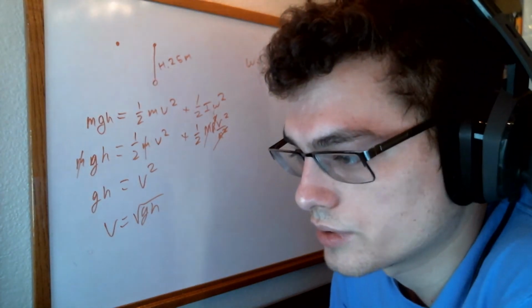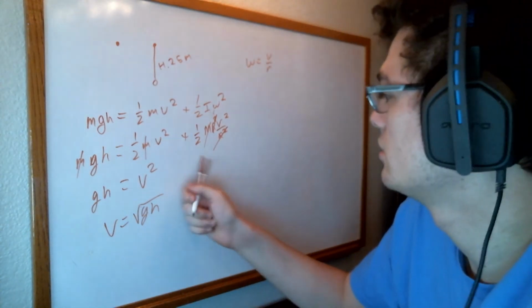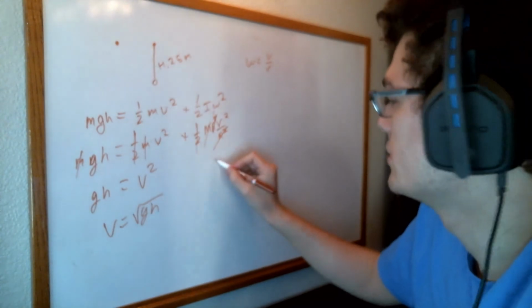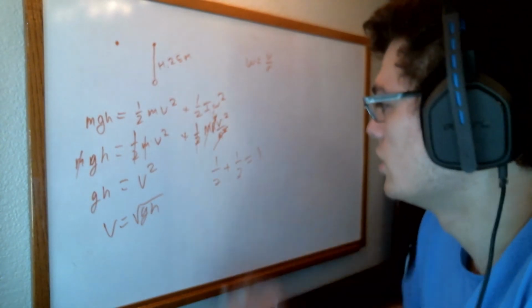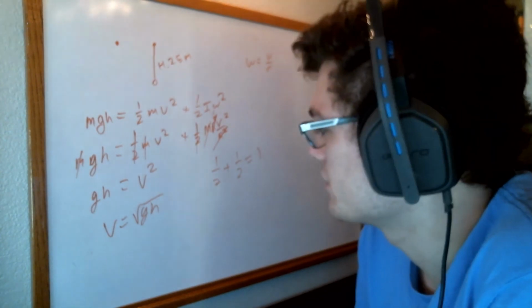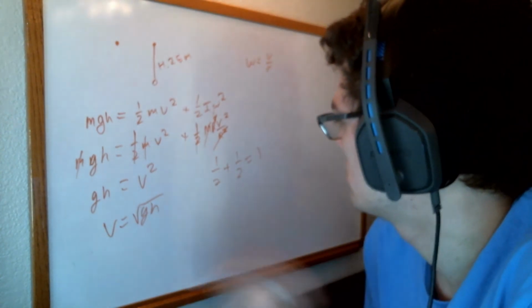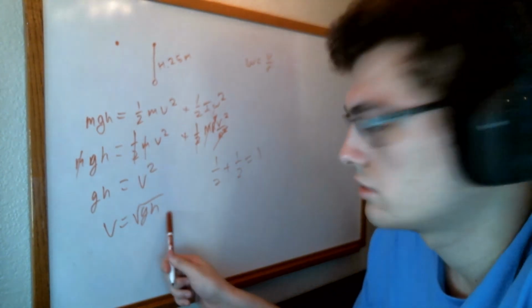And there's no 2 here, at least there shouldn't be, because we added up this side together, so these 1/2s add up to equal 1, and we canceled all our m's out. And so this should just yield this answer here.